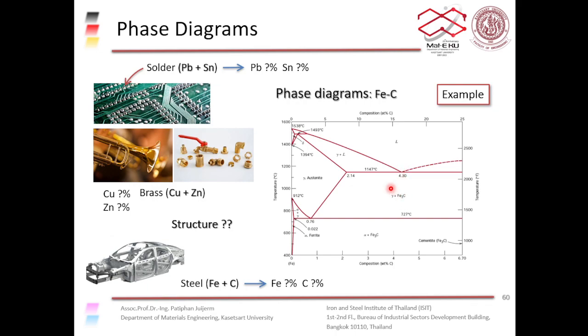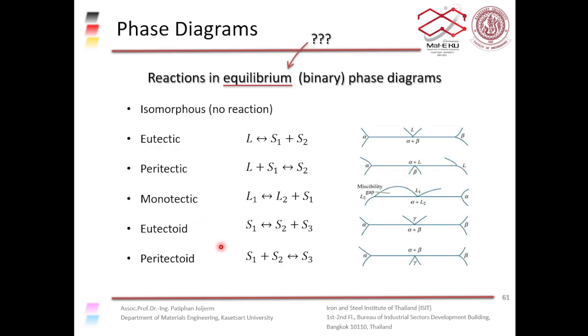Below this point, we have gamma plus Fe3C, right? So above this point, we have the liquid phase, and below this point, we have solid 1 and solid 2, right? So liquid phase turning into solid 1 and solid 2, and that is the eutectic reaction, right? Liquid turning into solid 1 and solid 2.